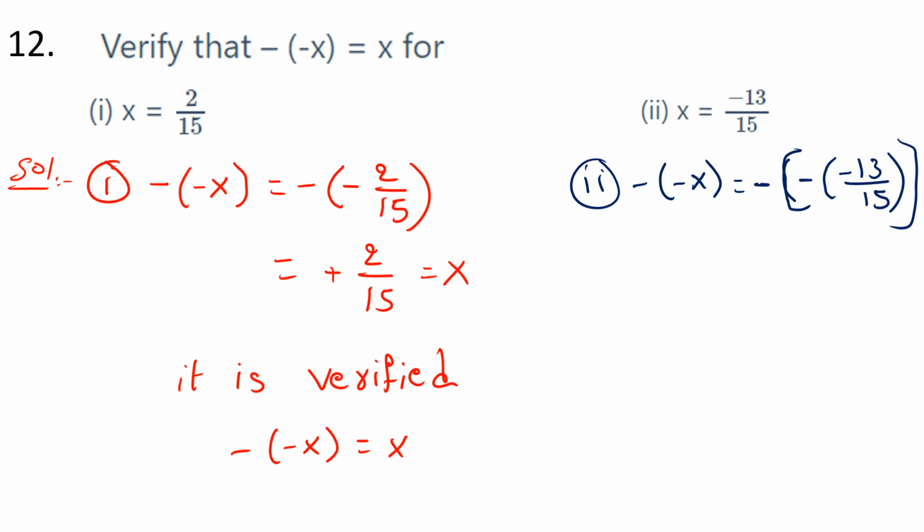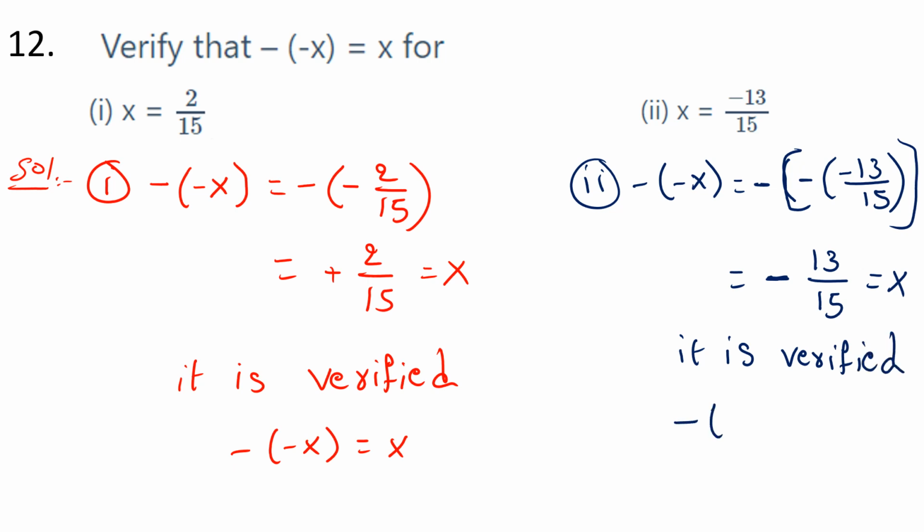Now minus of minus should be plus, plus into minus, that is also minus, right? Minus 13 by 15. So that is equal to x only, right? So now it is also verified. So here also minus of minus x is equal to x only, right?